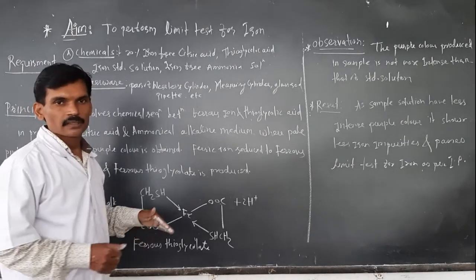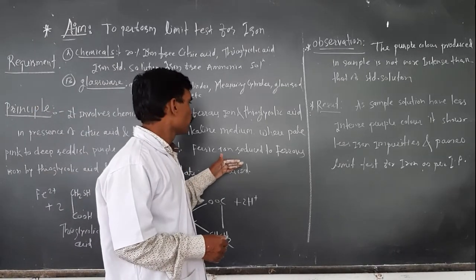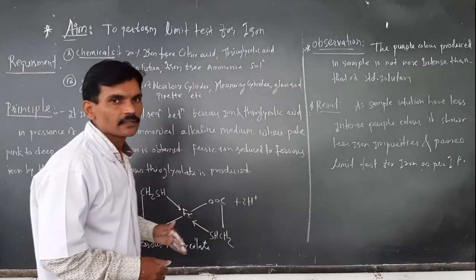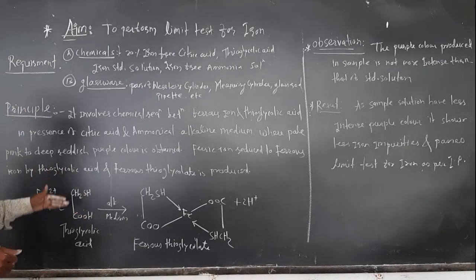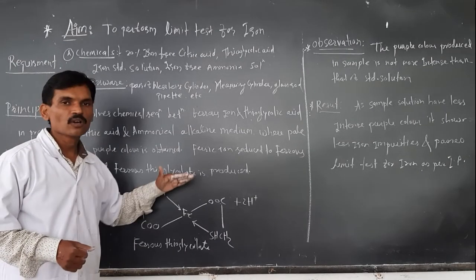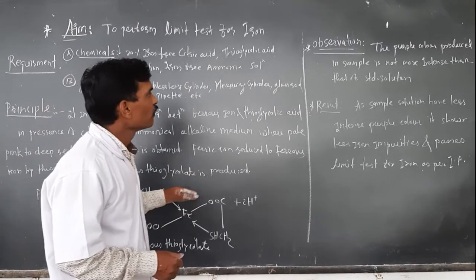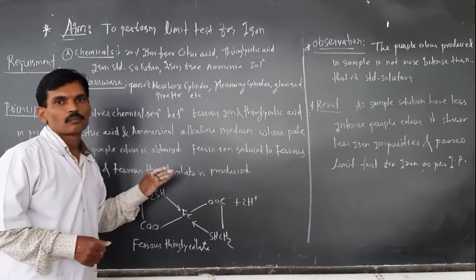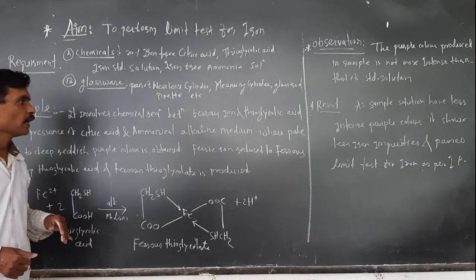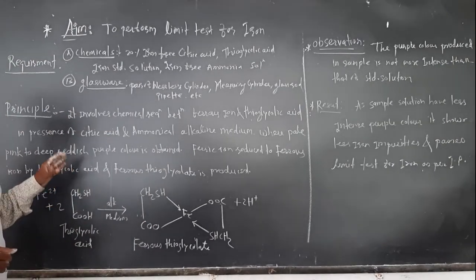The ferric ion is reduced to the ferrous ion by the thioglycolic acid, and that produces a ferrous thioglycolate complex, which has a pale purple or reddish purple color.